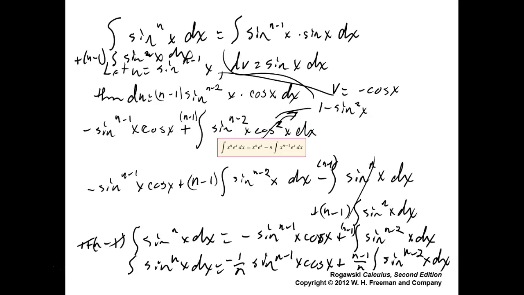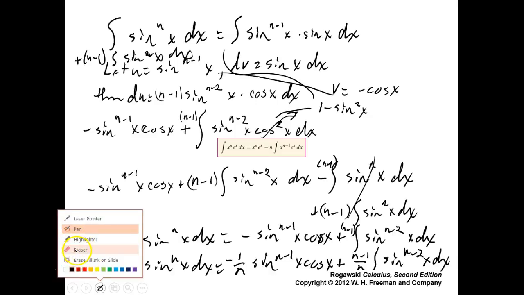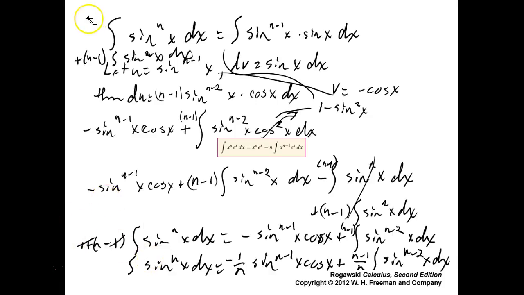That's the recursive relationship. Now, with your permission, I'm going to erase everything except that bottom line, because that's what we're going to use. We've got the formula they wanted, so let's erase all that.